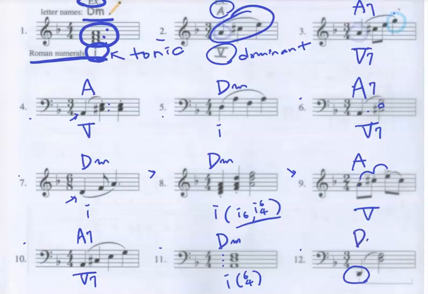Again, the fifth is omitted. A is the fifth of D minor chord, because from D, 1, 2, 3, 4, 5, A is the fifth note of D minor, but A can be omitted. Okay, so this is one chord, one of D minor chord. Okay, so that's it.